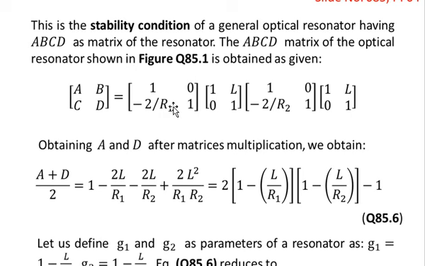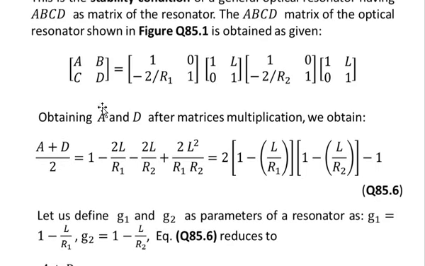So you see that for one round trip, I have written an ABCD matrix for the one round trip in the optical system shown in figure number 1. And the matrix is the ABCD matrix. If you multiply all these matrices together, you will get the ABCD matrix.